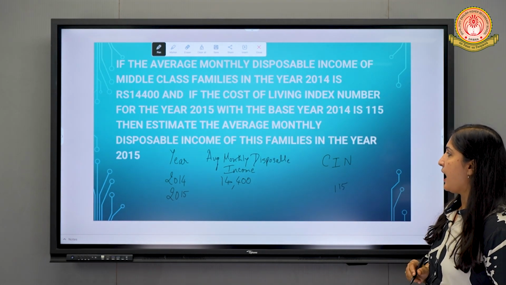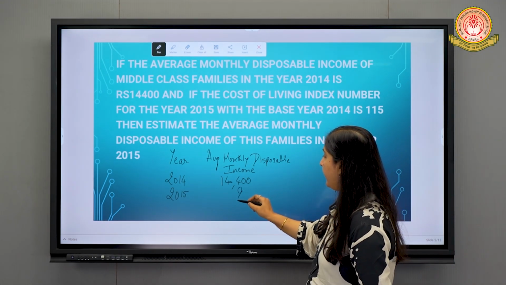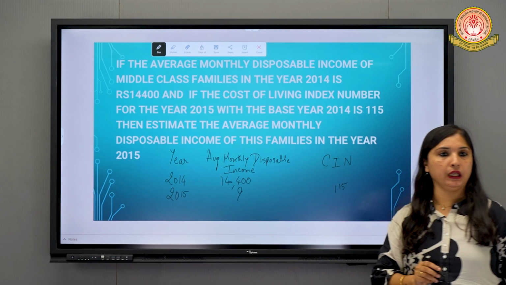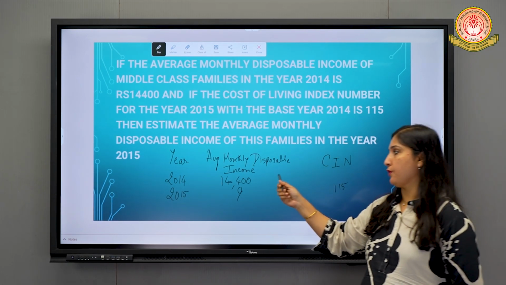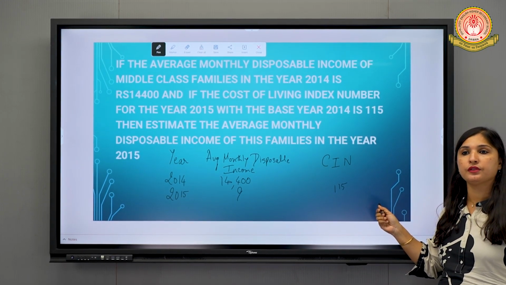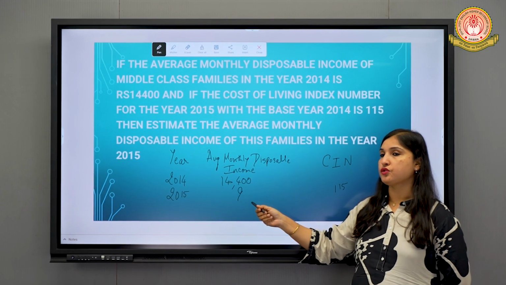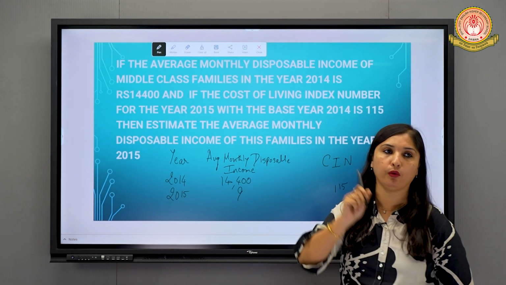Then estimate the average monthly disposable income for the year 2015. Average monthly disposable income for 2014 was given. Cost of living index for the year 2015 was given, and the average monthly disposable income of 2015 has to be found out.